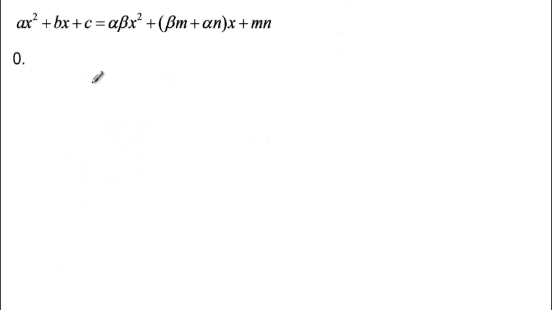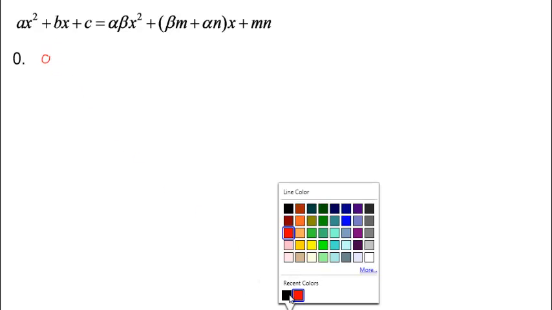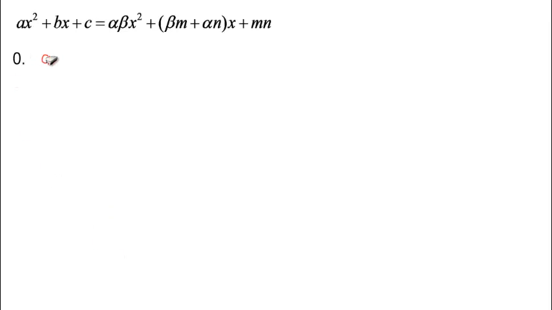Now, the first case which we are going to discuss here is the simplest one, where A equals 1. Sorry, I mean A equals 1, which means our alpha beta is equal to 1.